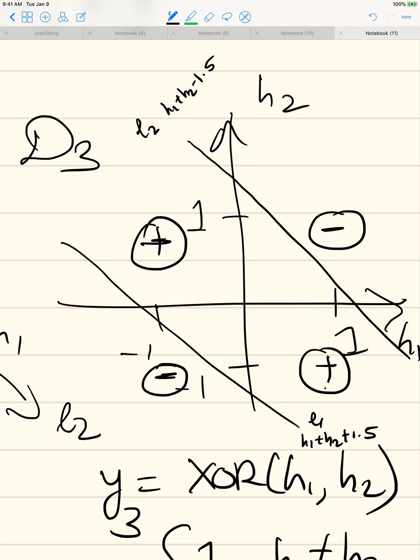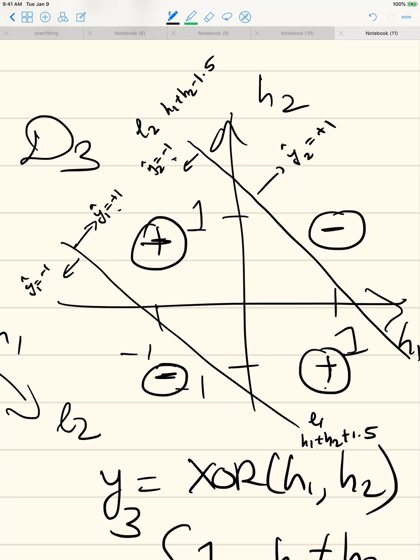So for L1, the label is positive if you are above L1, and the label is negative here. For L2, our label Y2 is negative here, and it is positive here. So note that for Y3, the label should be positive if and only if Y1 hat is plus 1 and Y2 hat is minus 1.